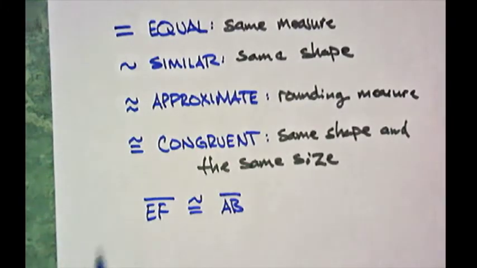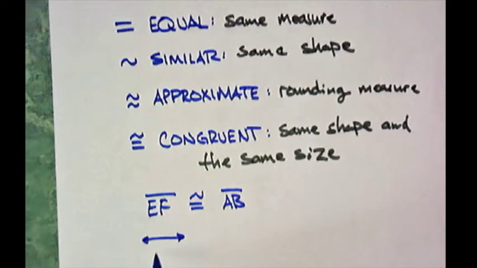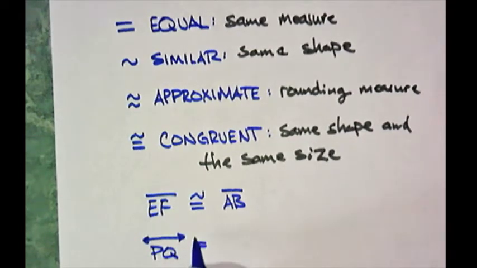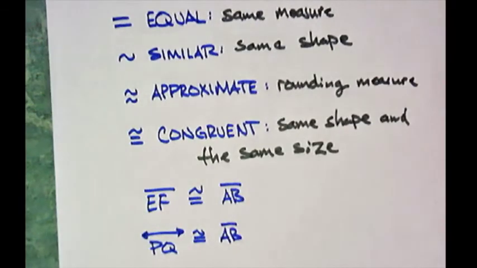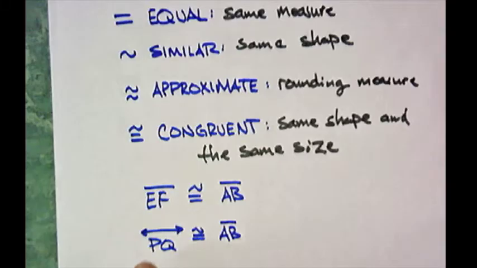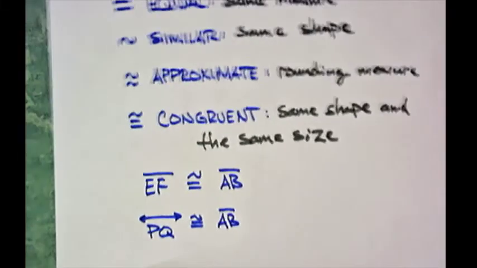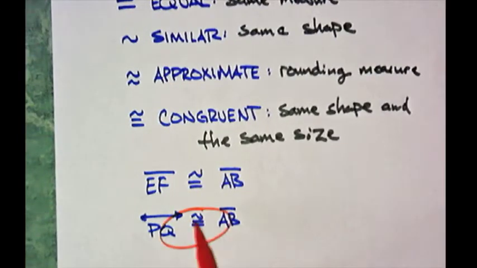Now, you can imagine, how in the world could I say something like line PQ is congruent to segment AB? How can a line be congruent to a segment? This makes no sense at all. So, since it makes no sense, we're not going to do that.